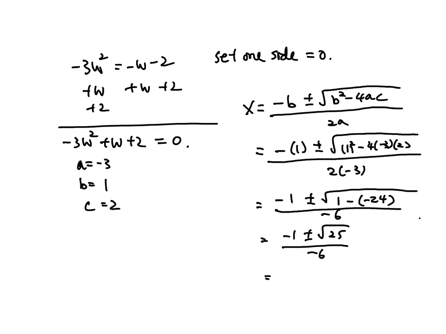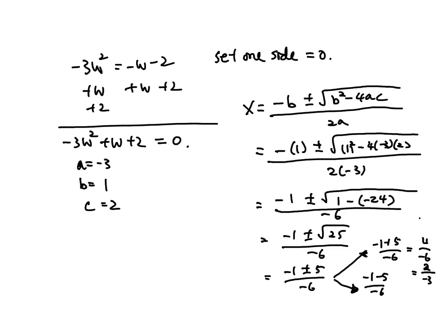So this is just negative 1 plus or minus 5 over negative 6. That means I have negative 1 plus 5 over negative 6, which is 4 over negative 6, which is 2 over negative 3. Or, if I have negative 1 minus 5 over negative 6, I get negative 6 over negative 6, which is 1. So 2 different solutions: 2 over negative 3, or 1.